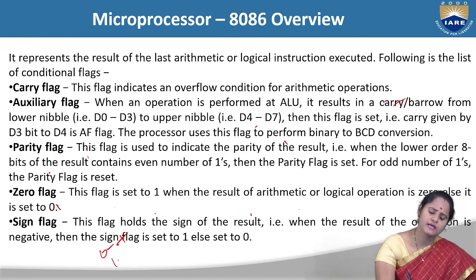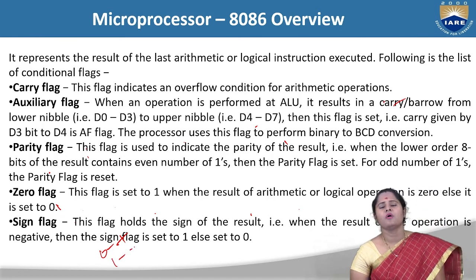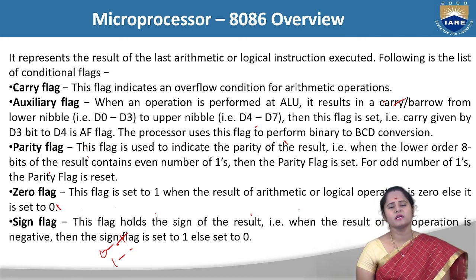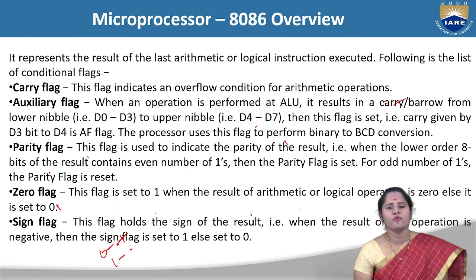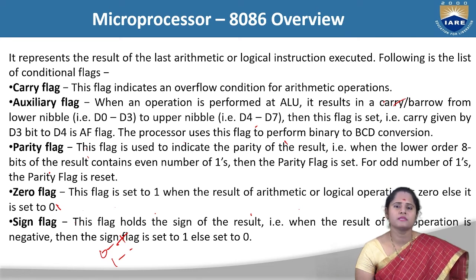Whenever you are going for signed and unsigned operations, in unsigned operations you directly operate according to the operation, like addition or subtraction. Whenever you are going for signed operations, you go for a two's complement. Like whenever you're going for subtraction, two's complement subtraction or one's complement subtraction is done.